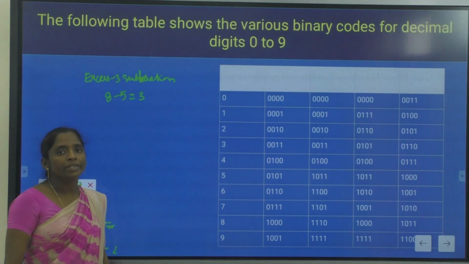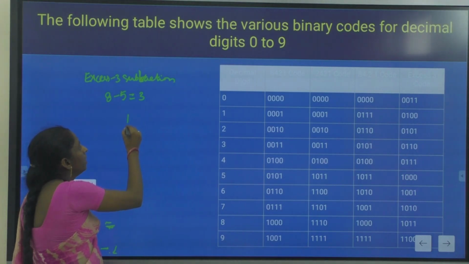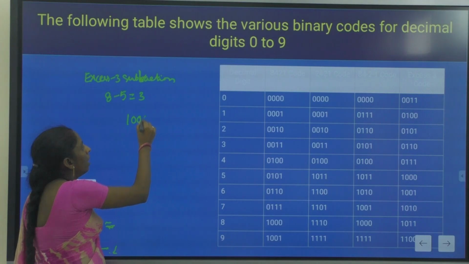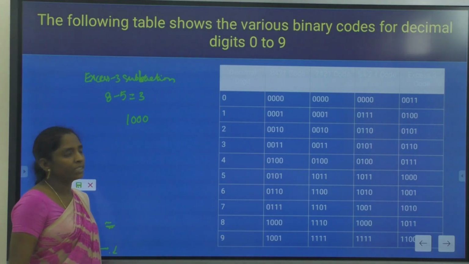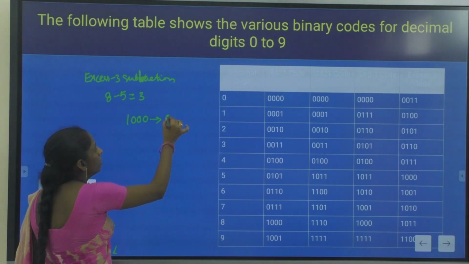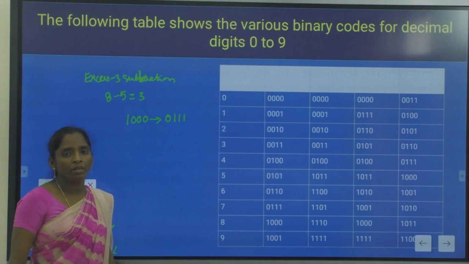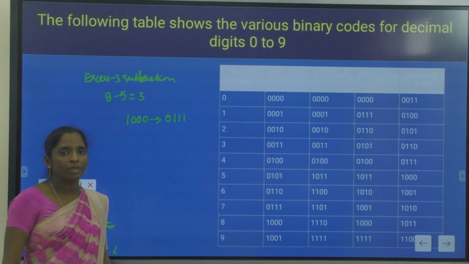So what is the x3 for 5? 5 plus 3, 8. So excess 3 for 5 is 8. And complement of 8 is how much? Complement of 8 is 0111. What is the complement? That means zeros are replaced with 1, 1s are replaced with 0.